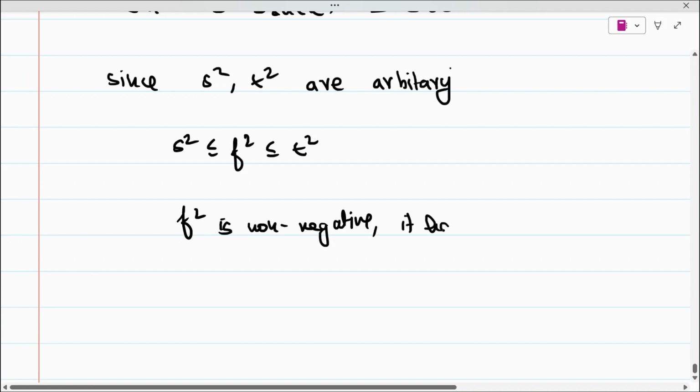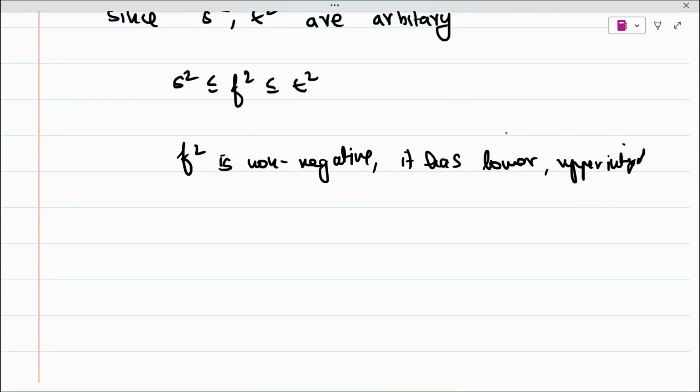It is integrable, but we already said it is integrable, and it has a lower integral and an upper integral.